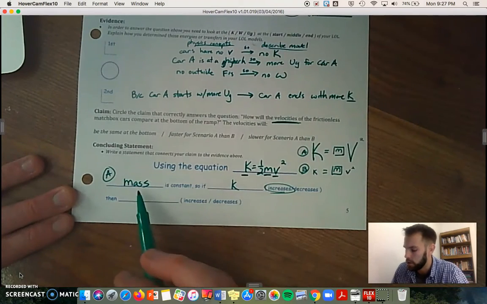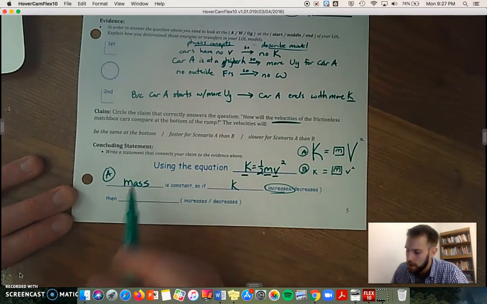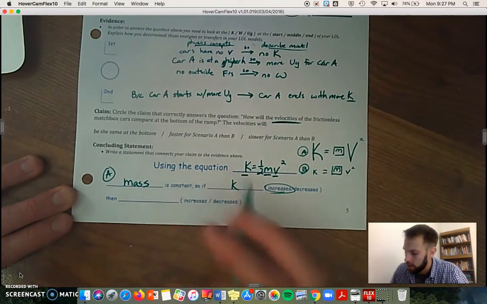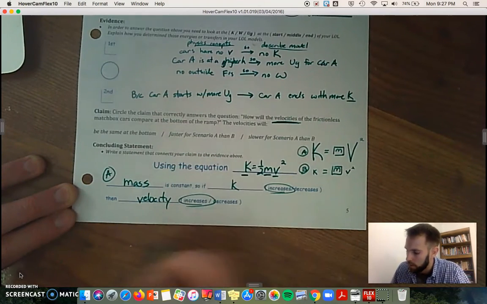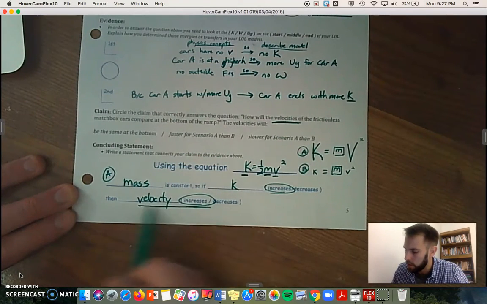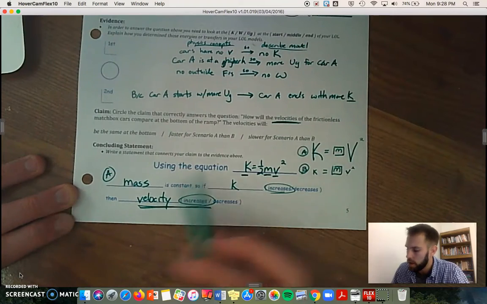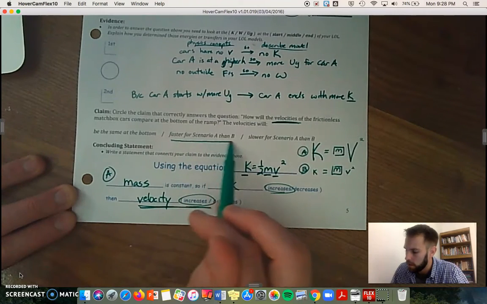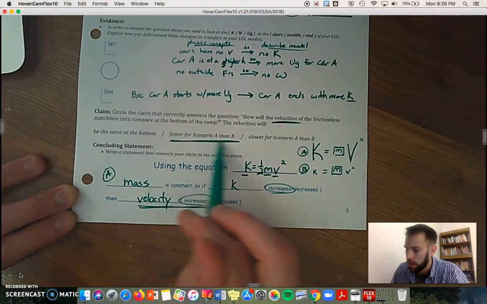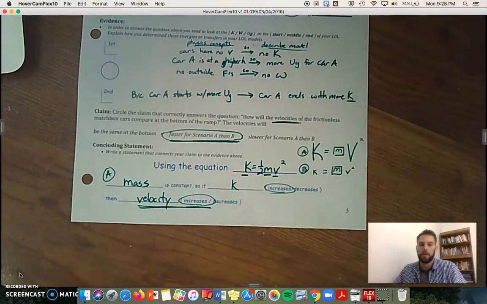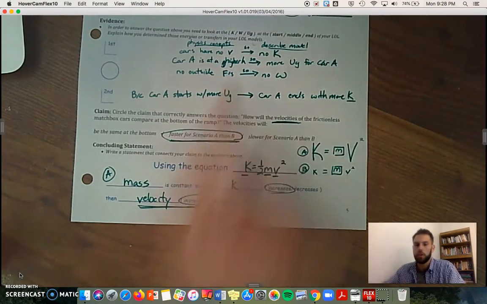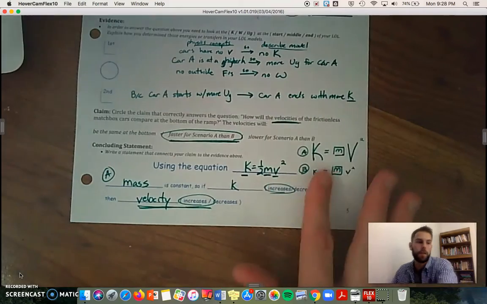What it allows us to do is confirm that if we keep mass constant and K increases, then velocity increases as well. And notice how we ended here. Very similar to our forces explanations, this is essentially what our claim is: greater velocity for scenario A compared to scenario B. So we've been able to confirm our claim using our physics concepts about energy.